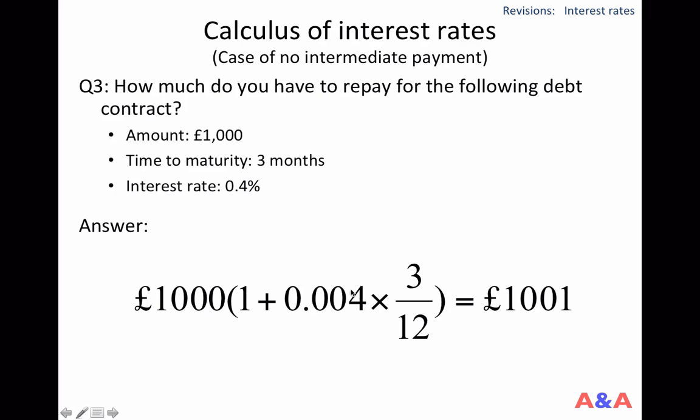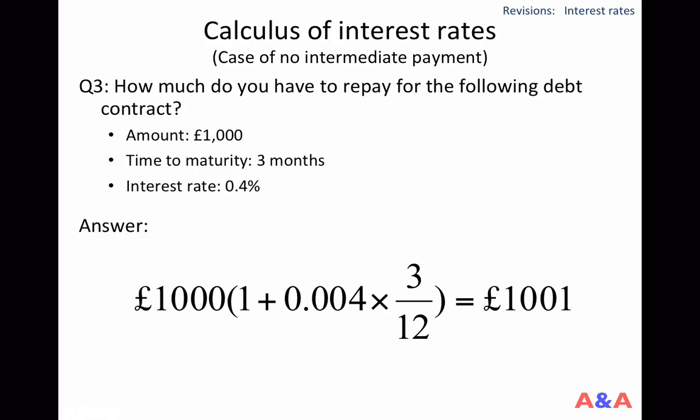But this is an annual rate. Remember, interest rate is always in terms of year, annual rate. But you don't borrow for 1 year. You just borrow for 3 months. So you don't have to pay the whole annual interest. So that's why you have 3 out of 12 months here. And this is equal to £1,001. So in a 3-month period, you must repay £1,001.